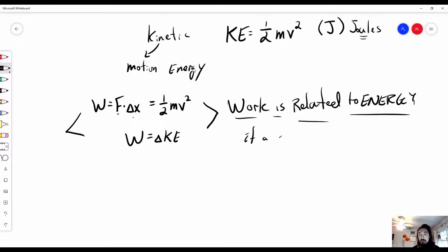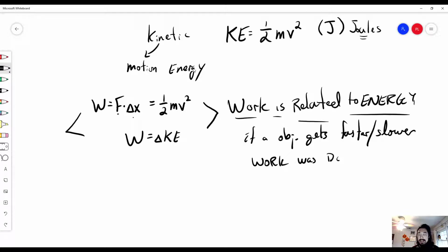If an object gets faster or slower, work was done. Okay, and we know this because kinetic energy is the energy of motion, and work is a change in energy, right? So if work is a change in energy, this time specifically kinetic energy, that means work was done.